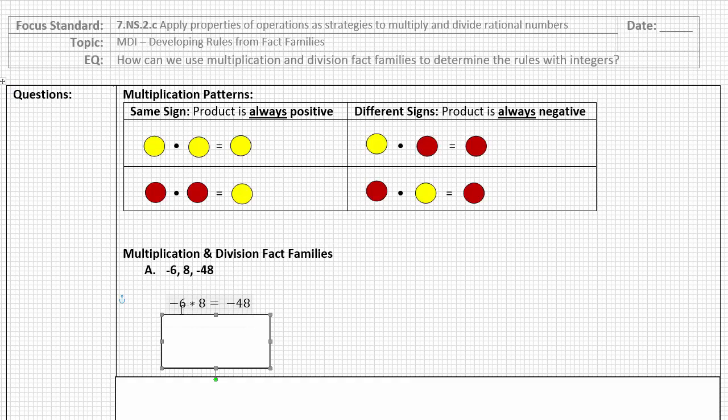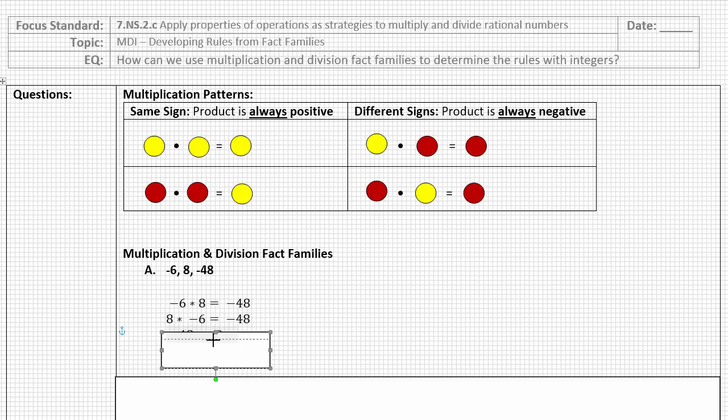We know that -6 times 8 equals -48. This falls under the different signs pattern for multiplication. We also know then that +8 times -6, just reversing those factors, also equals -48. So there are the two multiplication facts of this family.